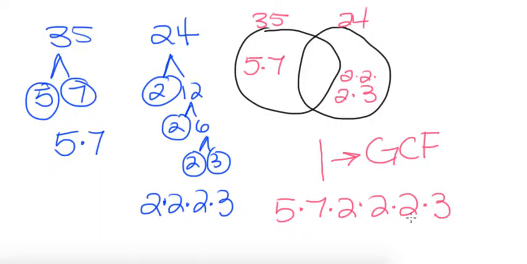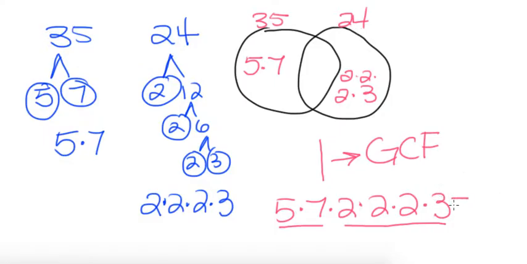But what do we know about the numbers 5 times 7 and 2 times 2 times 2 times 3? Well, this is just another way of naming 35, and this is just another way of naming 24. So actually, our LCM is exactly the same as multiplying 35 times 24.